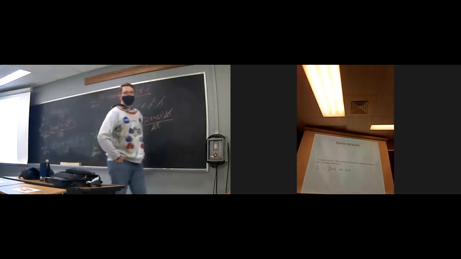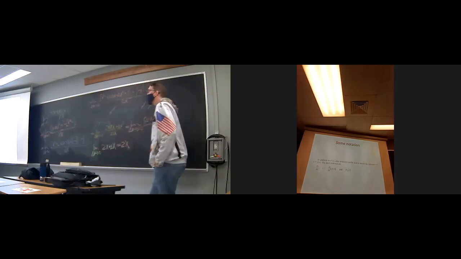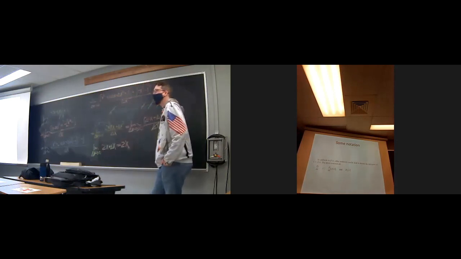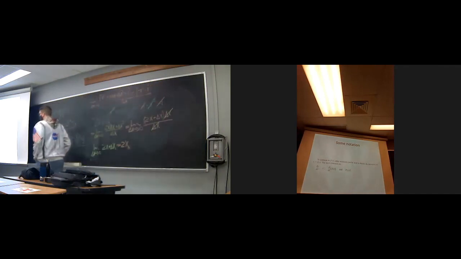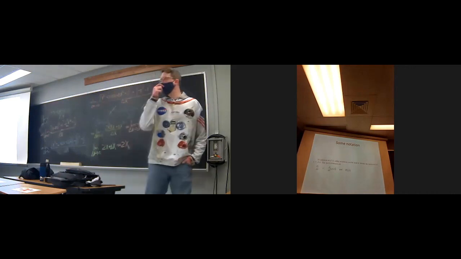So instead, we use abbreviated notation, and it looks like this. Some of them look like this. Hey, check it out. There's that prime I was talking about the first day of class. When I said that that prime was going to have another meaning later on, this is what I was referring to.